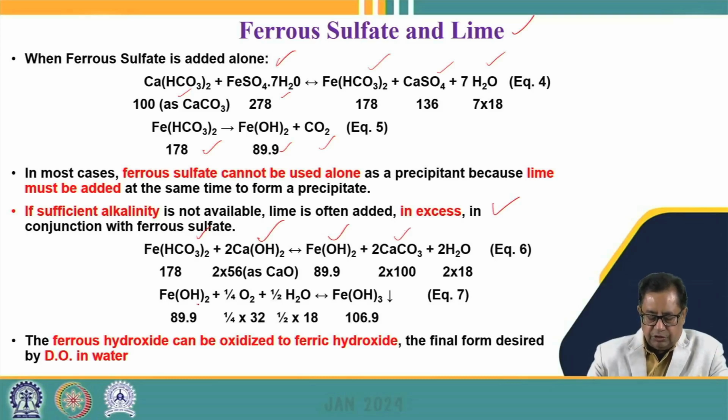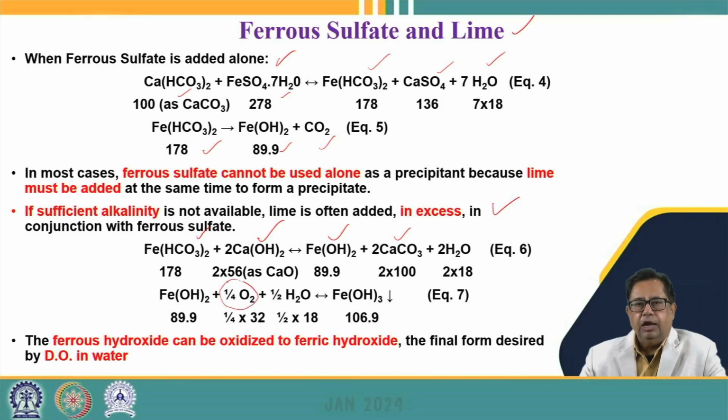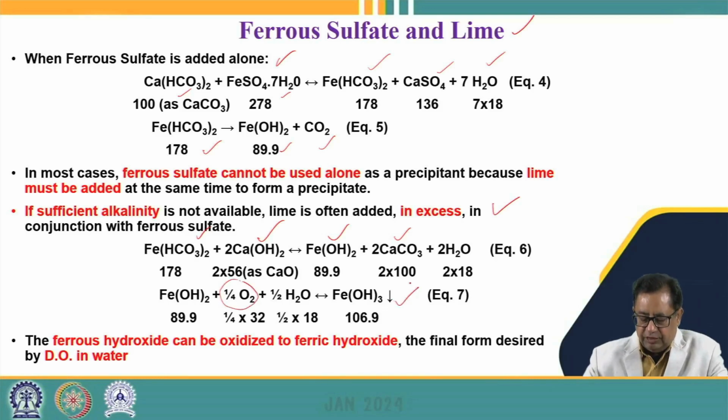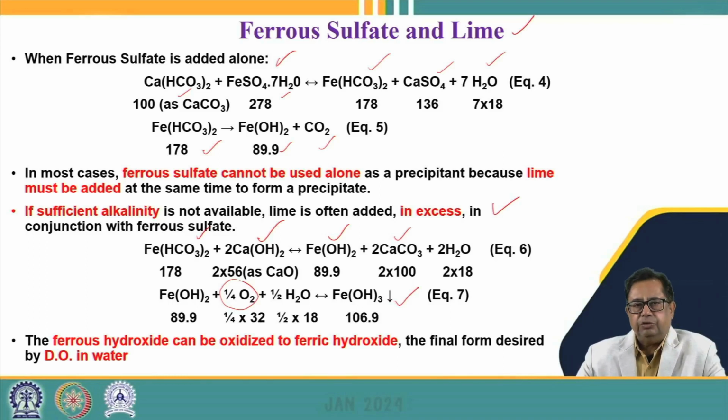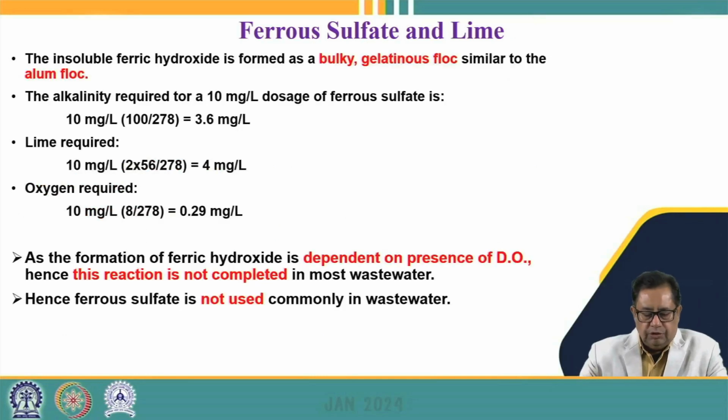This ferrous hydroxide may further react with the dissolved oxygen which is present in the water, and this may lead to the formation of ferric hydroxide. So the ferrous hydroxide can be oxidized to ferric hydroxide if DO is present in the water. The ferric hydroxide which is formed is again a bulky as well as gelatinous floc, which is similar to the alum floc.